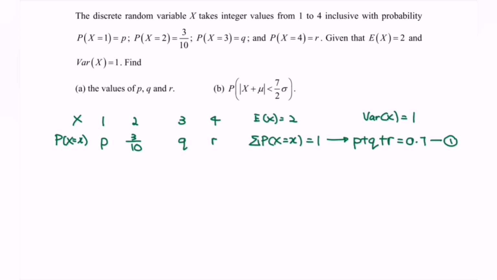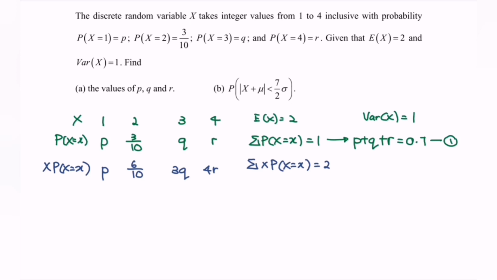Next, kindly focus on the table. For E(X), the expected value, the formula is X multiplied with the probability. So we will have P, then 6 over 10, then 3Q, then 4R. The summation of X multiplied with the probability is equal to 2.